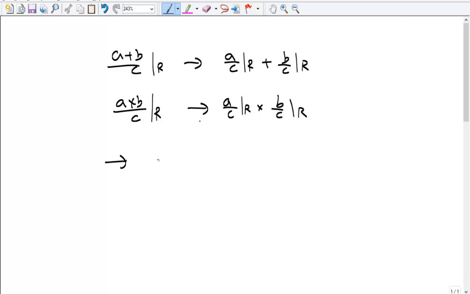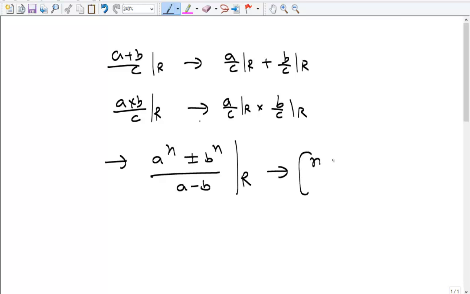And I've also solved a power n plus or minus b power n divided by a minus b: what could be the remainder when n is even and when n is odd. Based on the basic remainder theorem, we have got 33 questions appeared in the Common Admission Test.